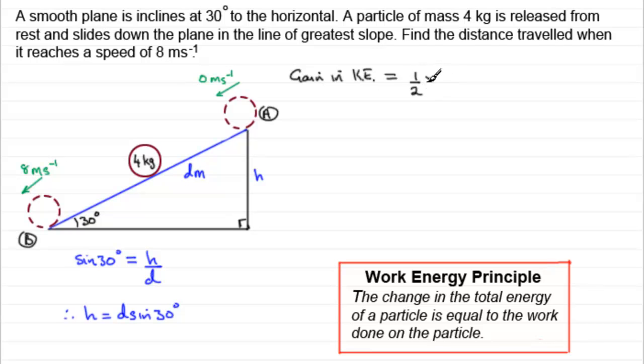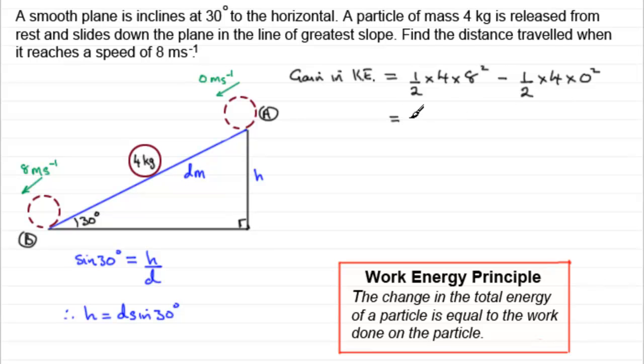That's going to be a half multiplied by the mass, m, multiplied by v, which is 8, squared. And then we've got to subtract the initial kinetic energy, which would be a half mv squared, half times 4 times 0 squared. And if you work that out, what you get is 128.